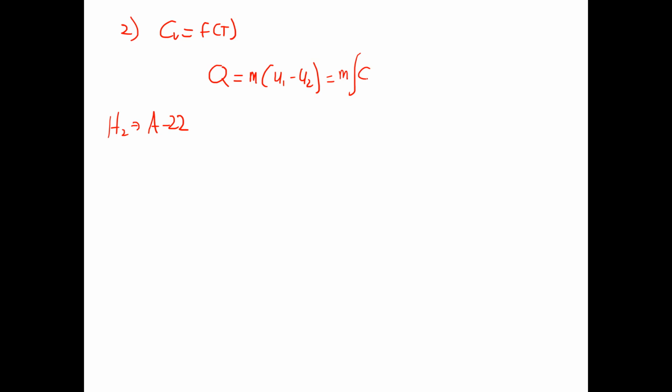So assumption number 2, we're going to assume that my specific heat is a function of temperature. Therefore, I need to actually evaluate that integral. Now, if you remember, I said that if you go to the ideal gas tables, the ideal gas table for hydrogen is table A22. What we're trying to do is integrate the specific heat with temperature from T1 to T2.